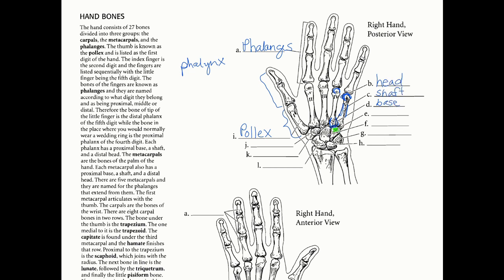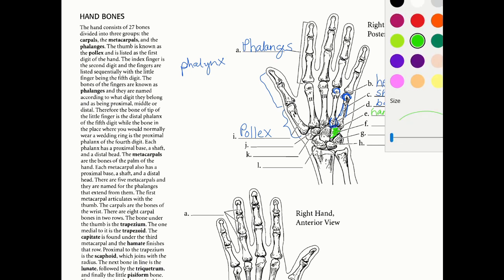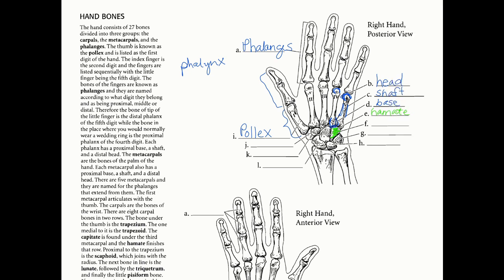E right here, this is the hamate, H-A-M-A-T-E. Hopefully you can see that writing. Lateral to the hamate is going to be F, which is the capitate.